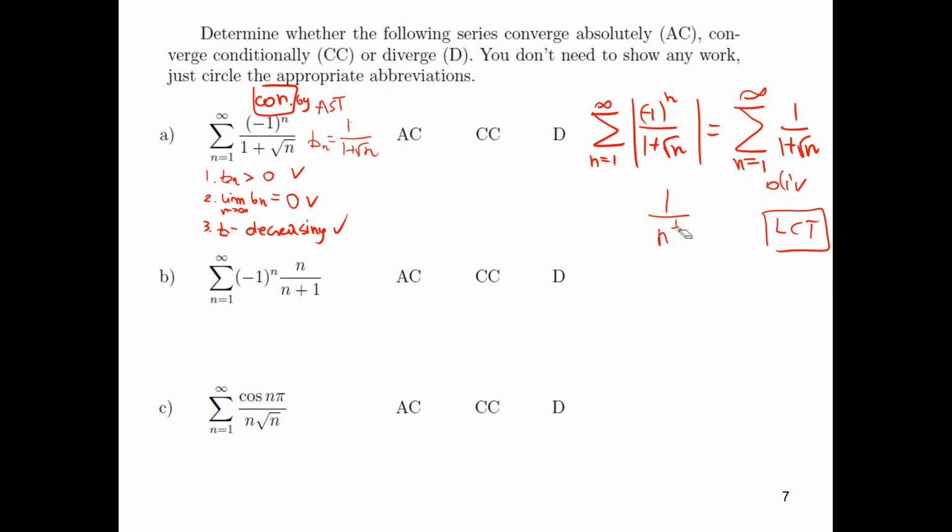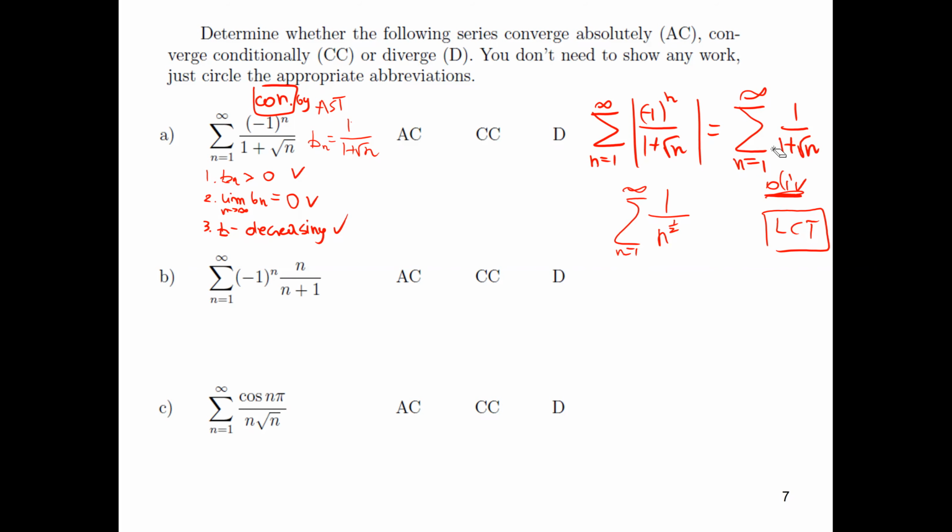How am I assuming this right away? Because I have n to the power of 1/2. If I had just 1 over n to the power of 1/2, I would know right away this 1/2 is less than 1, so it is divergent. And logically thinking, that +1 is not really making an effect. Of course, to prove it nicely you can use limit comparison, but we can see it's definitely going to stay divergent.